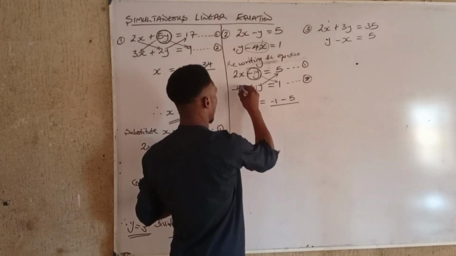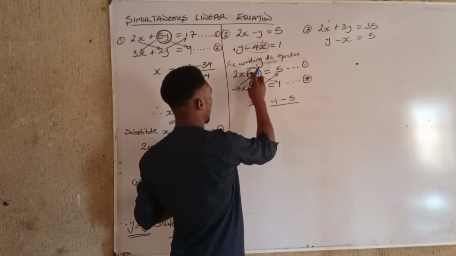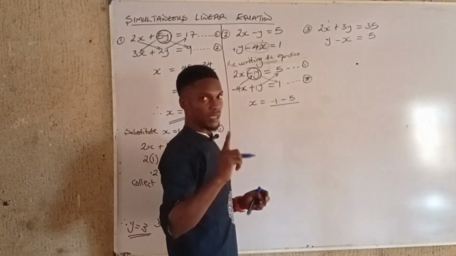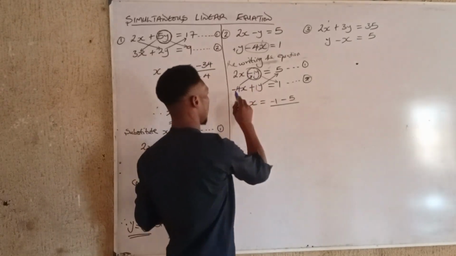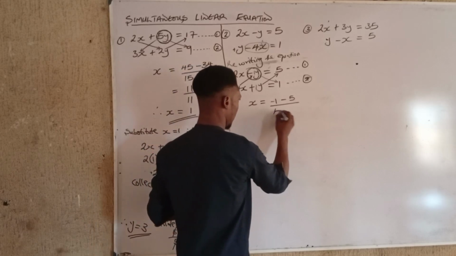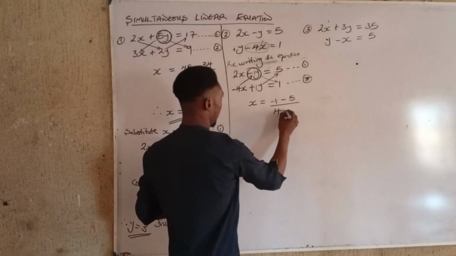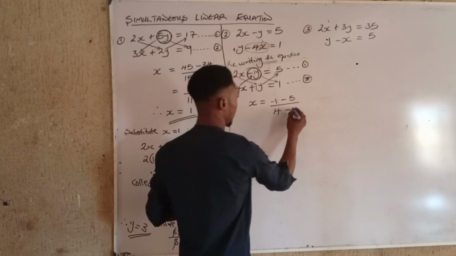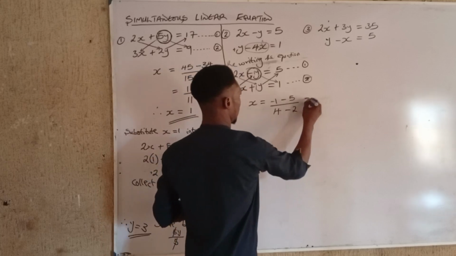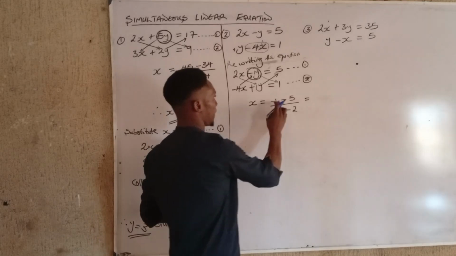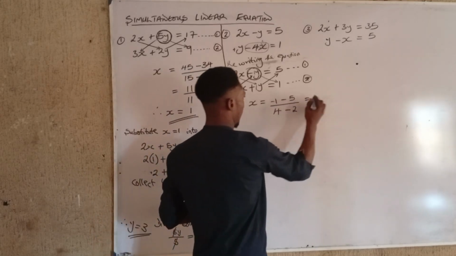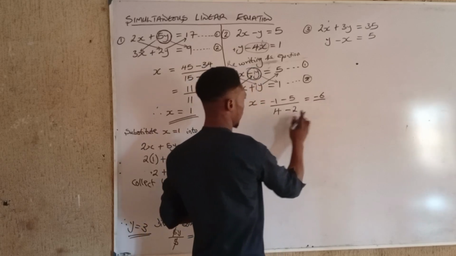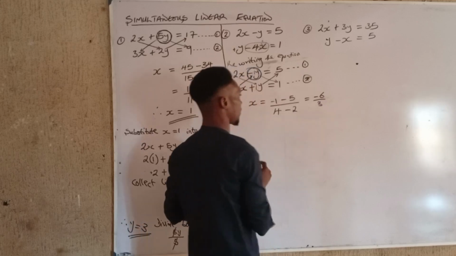The next thing we have is minus 1 times minus 4. Remember, minus minus is plus. So minus 1 times minus 4 will give us positive 4. Minus, then multiply this. 2 times 1 is 2, which will give us minus 1 minus 5 is minus 6 over 4 minus 2 is 2.